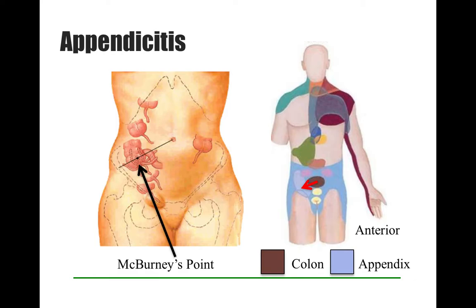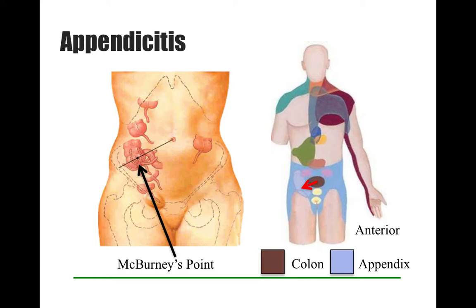So once you start getting initial pain from appendicitis, it should be diffuse around the umbilical area right here. And then once you get involvement of the parietal peritoneum, that will become inflamed. The pain will become very, very localized, and it should localize to the right lower quadrant, depending on if your appendix is in this position right here.